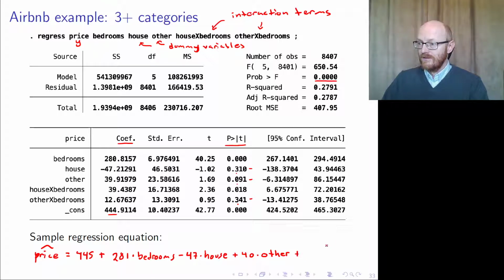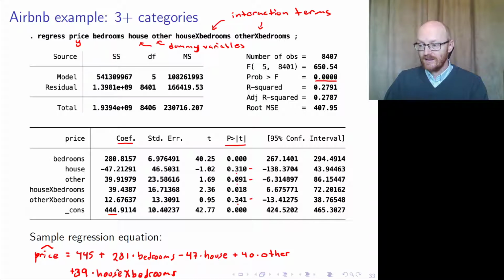And you would have plus 39 times house times bedrooms, and remember that house times bedrooms is different from 0 only when the house dummy is equal to 1.